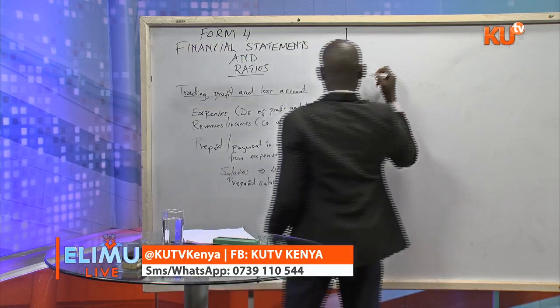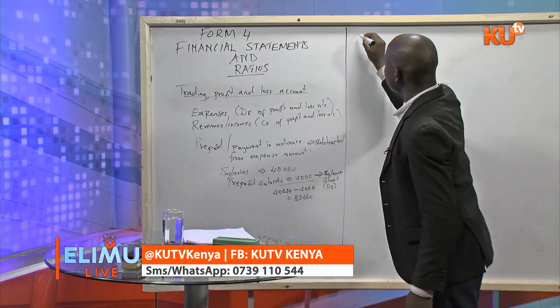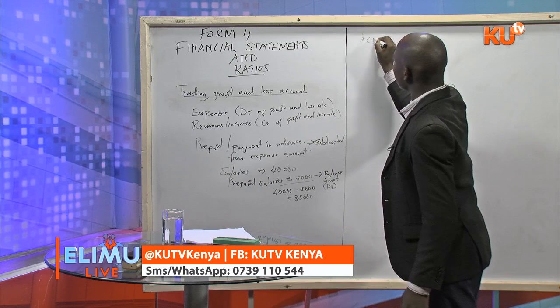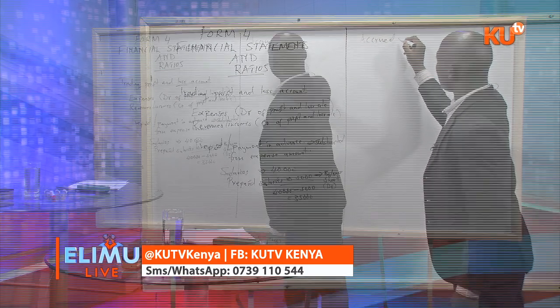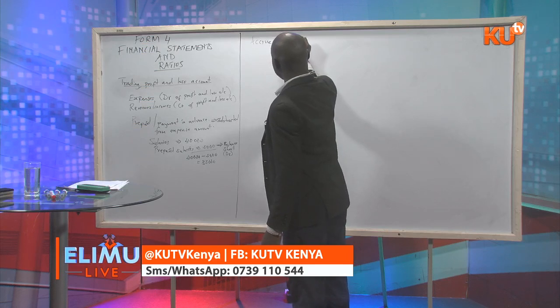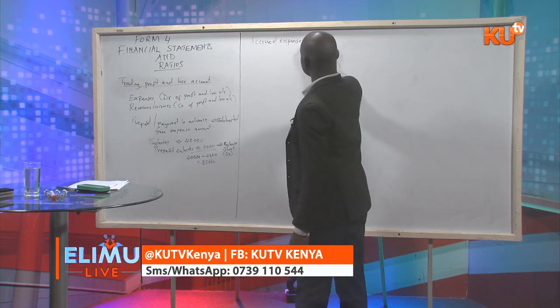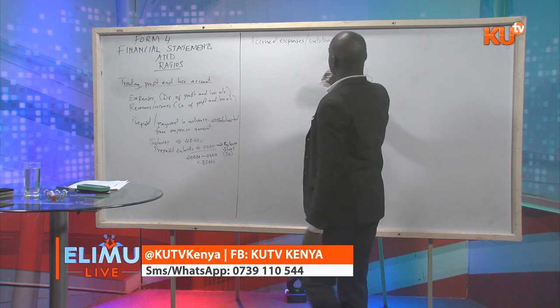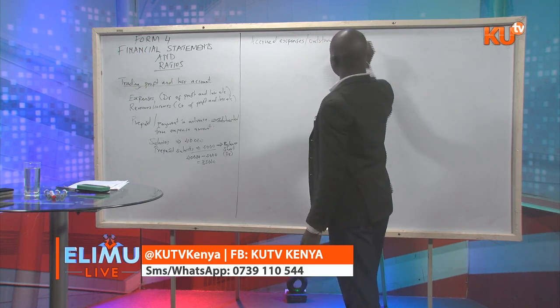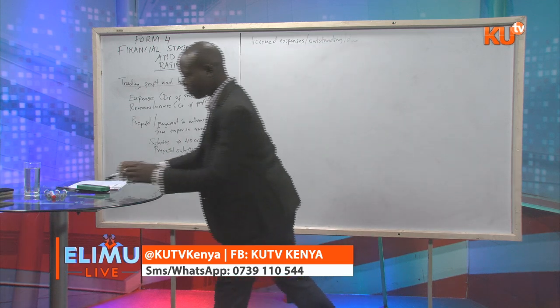Number two, we have payment that is made after you have offered the service. We call them accrued expenses. Another name for accrued is outstanding expenses, or it could be payment due.